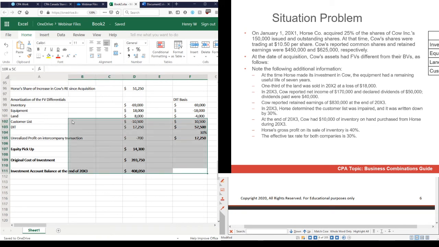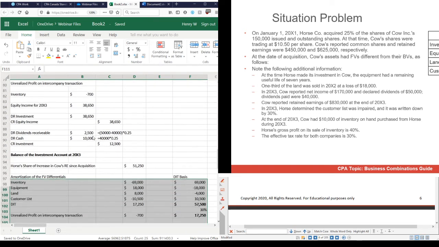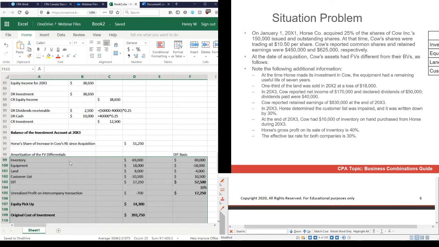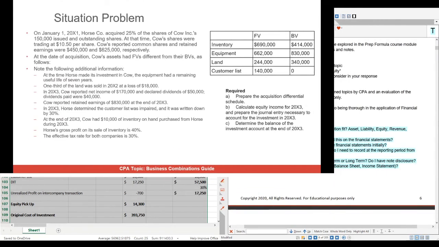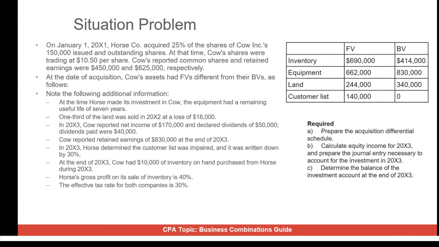But in something like this, the bulk is going to come from the mechanics of the calculation. Okay, so this is just a forewarning for you guys.